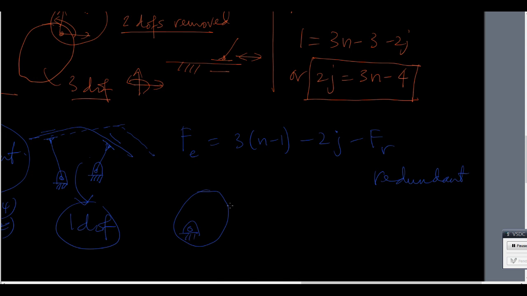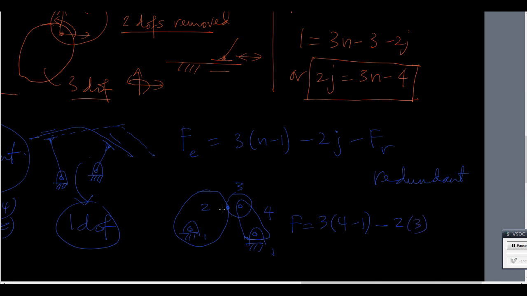Here's another example of a redundant degree of freedom. I have this cam. I have a follower which is a perfect circular roller. And what happens is, this is the higher pair, right? What is the number of degrees of freedom? If you look at it, this is 1, that's 2, that's 3, that's 4. Number of bodies is 4. F is equal to 3 times 4 minus 1 minus the number of joints. 1, 2, 3.